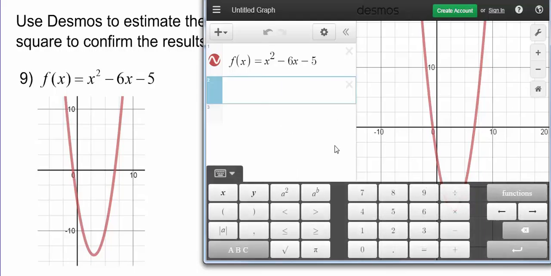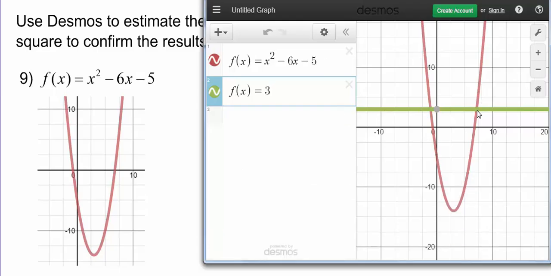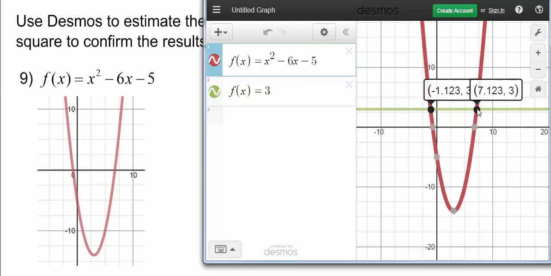Now our job is to find where that graph has a value of 3. So I can just type in f of x equals 3. What I'm looking for here is where the two graphs intersect. I probably should point out I don't technically have to write f of x.